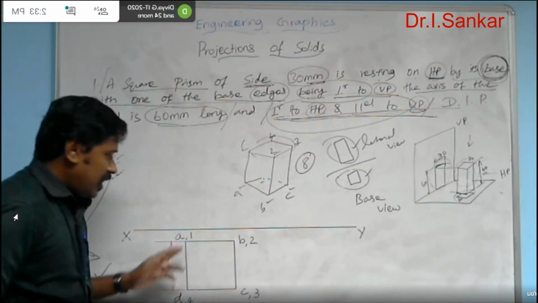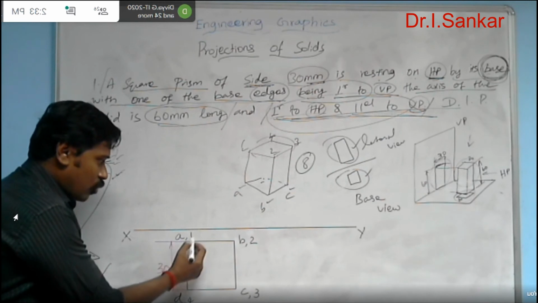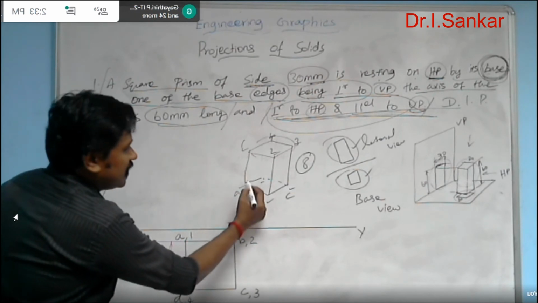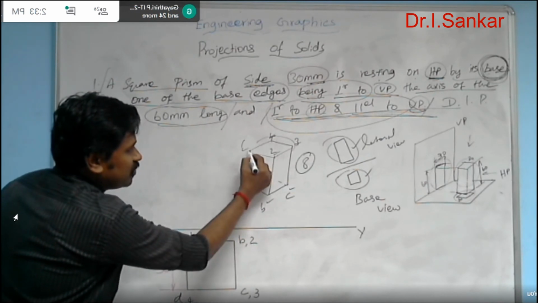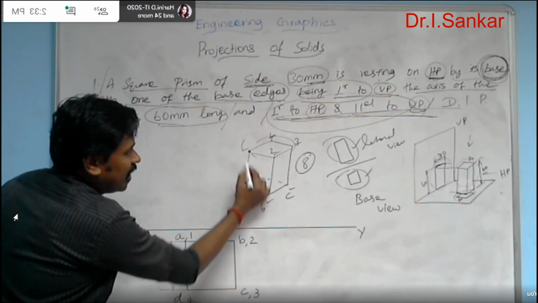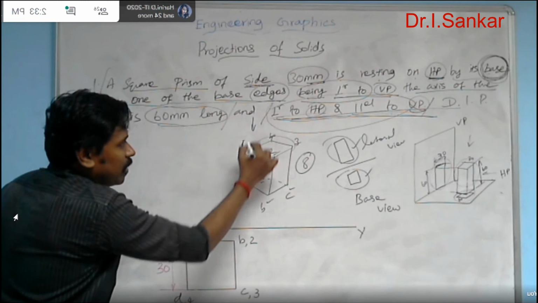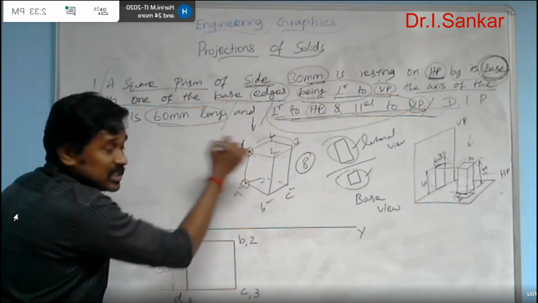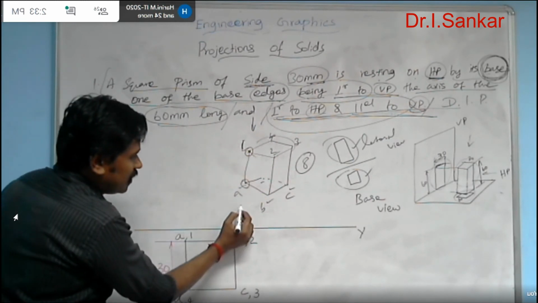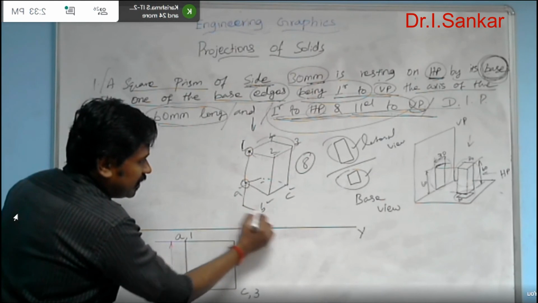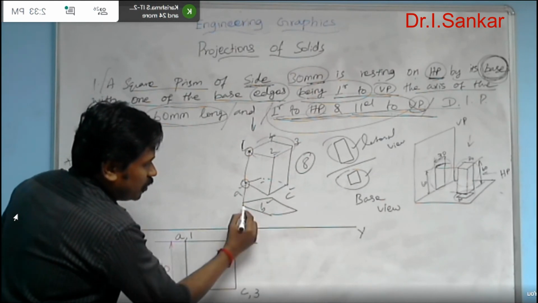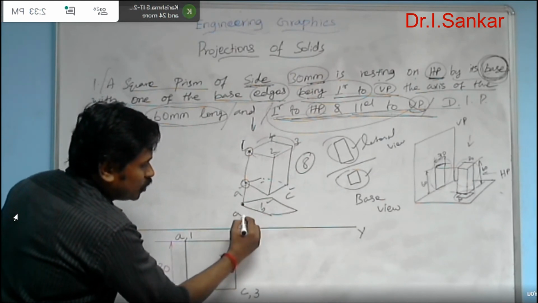Why am I naming A and 1 at the same point? Because they are in the same point. Here you see A is here, and point number 1 is also there. When you look from the top, these two will coincide with each other. So when you draw the top view, automatically you are going to get both A and 1.